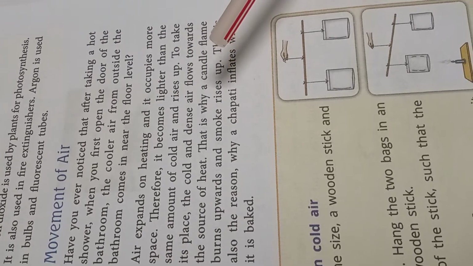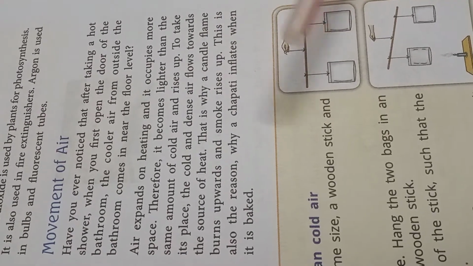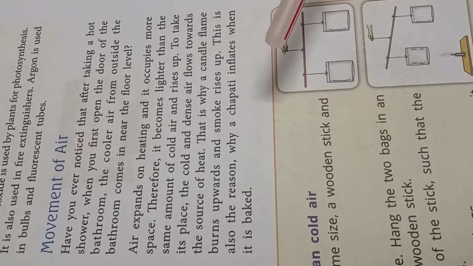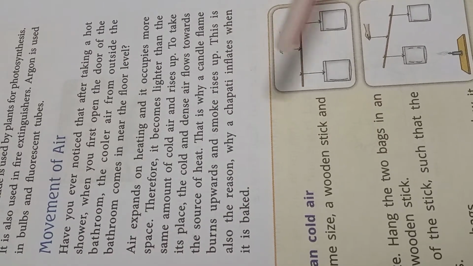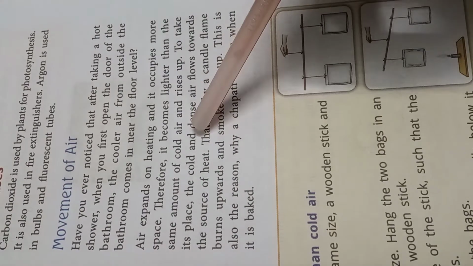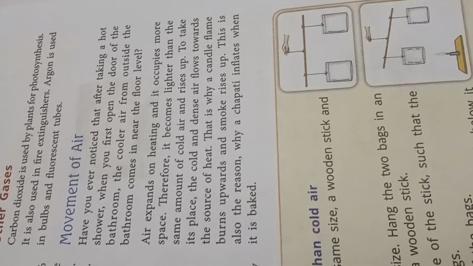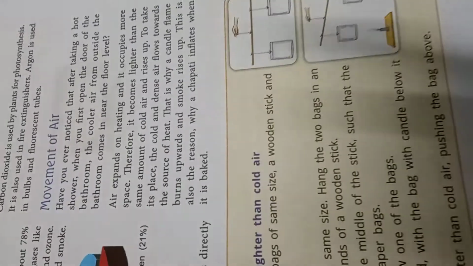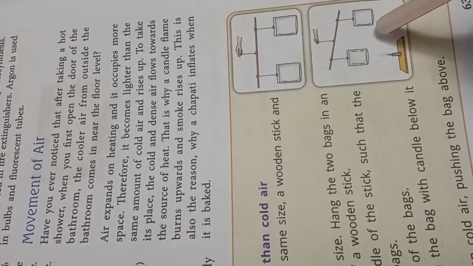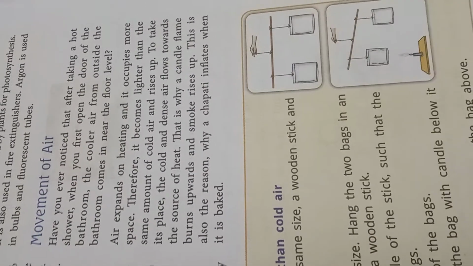Hot air is lighter than cold air, and that's why it rises up. To take its place, the cold and dense air flows toward the source of heat. That's the reason the candle flame burns upward and smoke rises up.